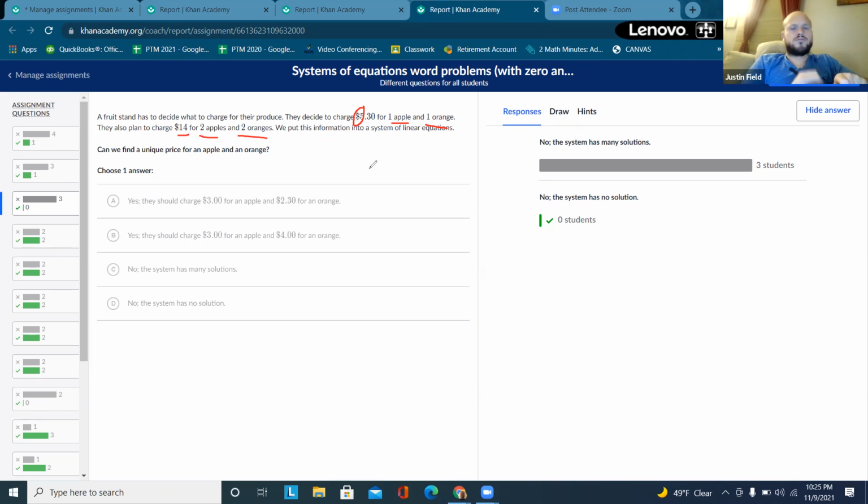So A plus O equals 5.3. And then 2A plus 2O equals 14.